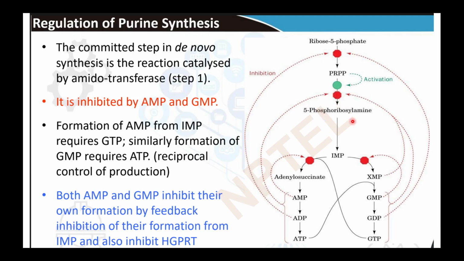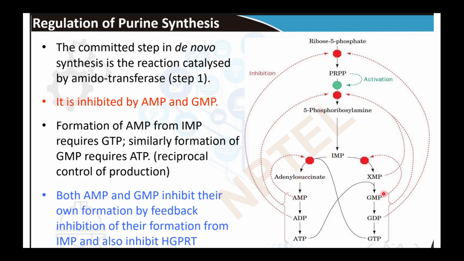Now that PRA gets converted into IMP, IMP gets converted into AMP and GMP, and AMP eventually gets converted into ATP, GMP gets converted into GTP. Now, the important thing to note is that ATP is required for the GMP formation and GTP is required for the AMP formation.